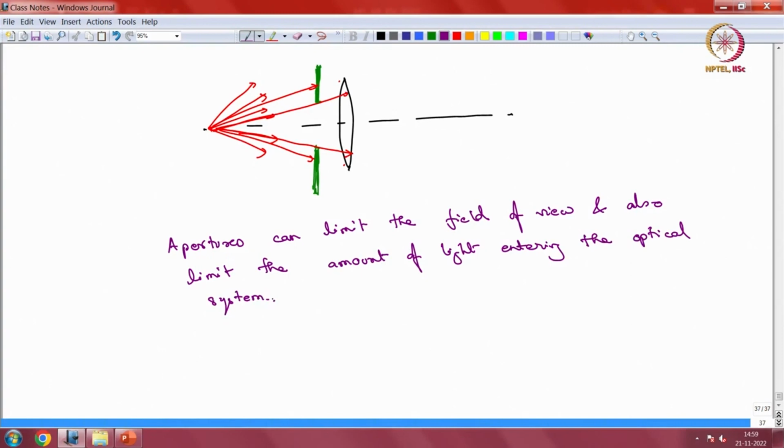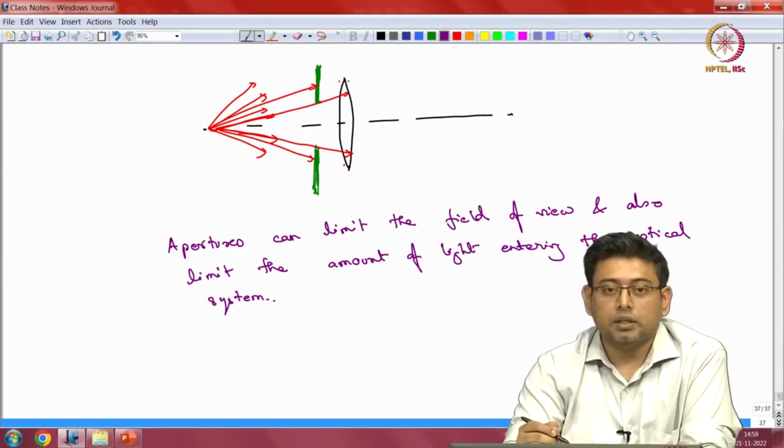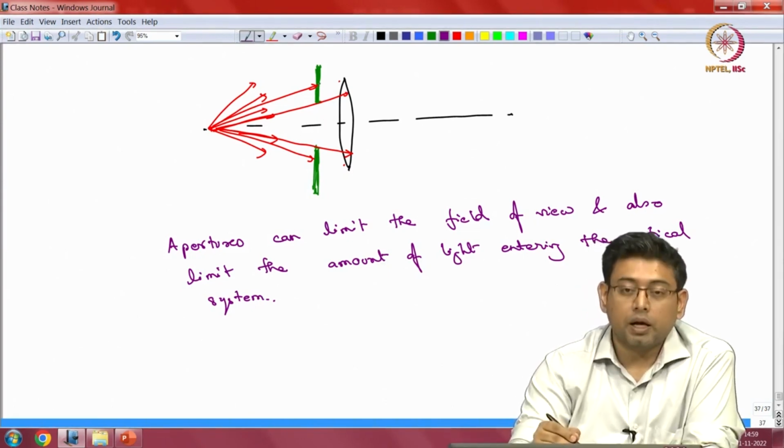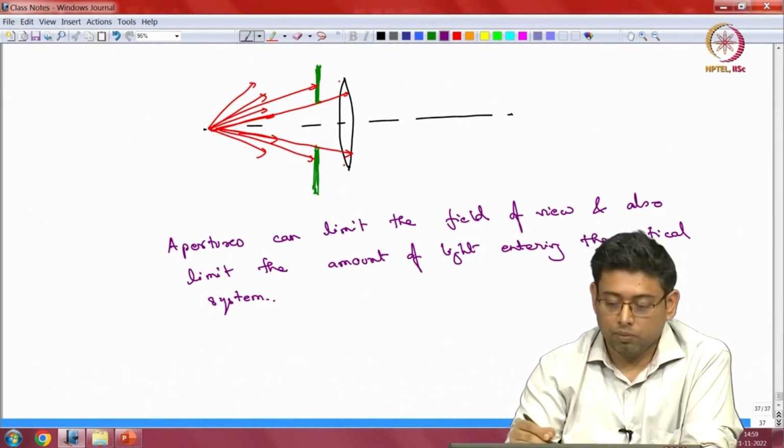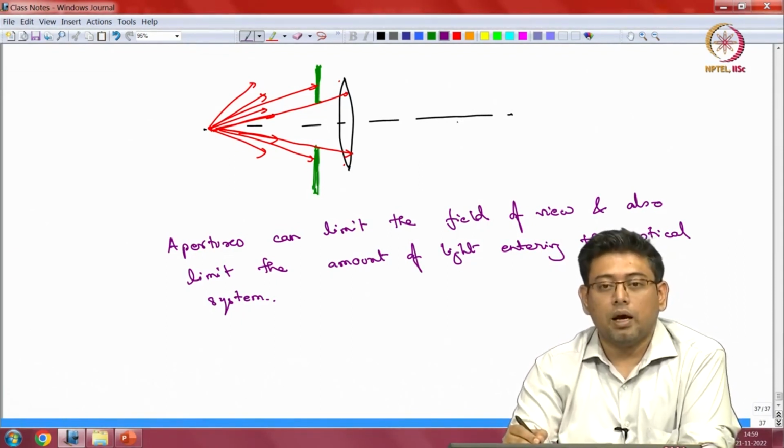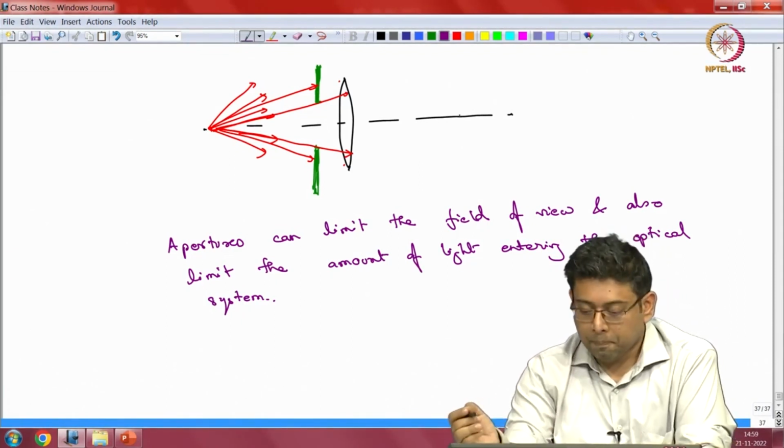So, if I make my aperture smaller and smaller, for example, in this particular case, the image becomes dimmer and dimmer, right, because less and less light is processed by my imaging system. Whereas, if I make my aperture bigger and bigger, there is more light that is falling into my optical system, and hence the image also will become brighter and brighter.